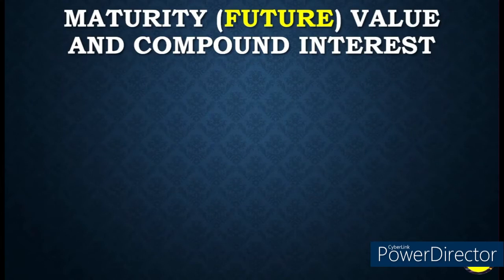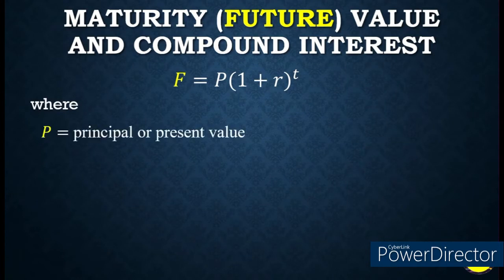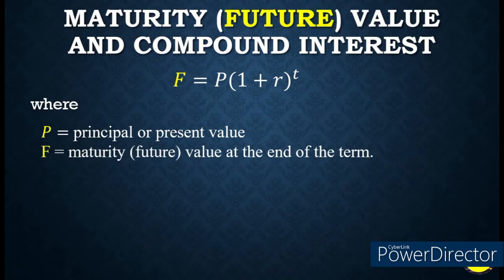So first, what is the formula to find the maturity or the future value and the compound interest? So we're using this formula. F is equal to P times the quantity of 1 plus R raised to T. So where P is the principal or the present value, F is the maturity or the future value at the end of the term, and R is the interest rate.